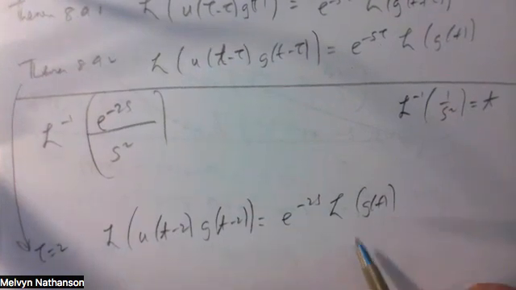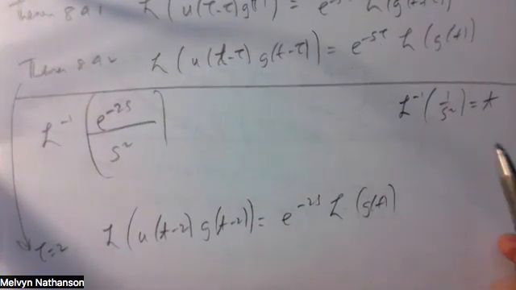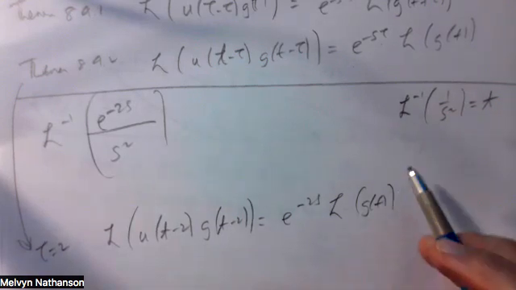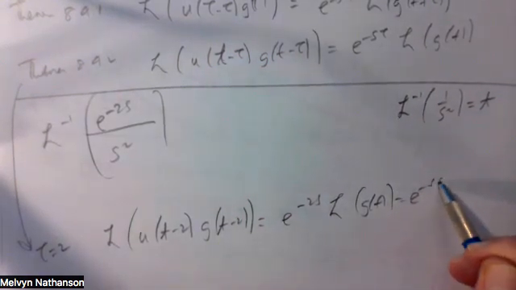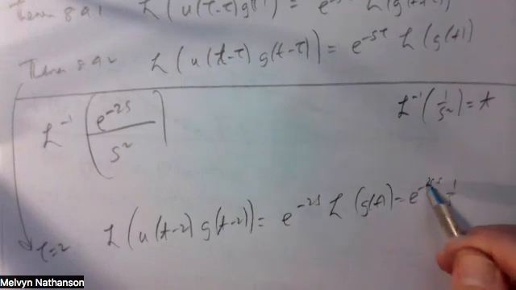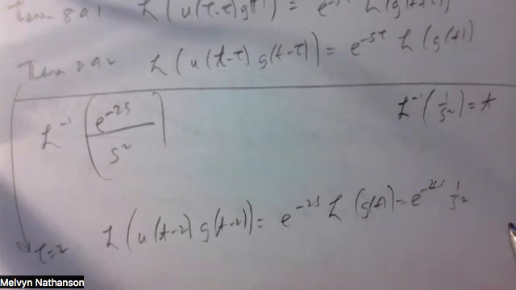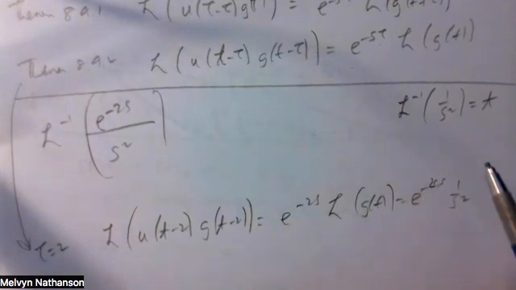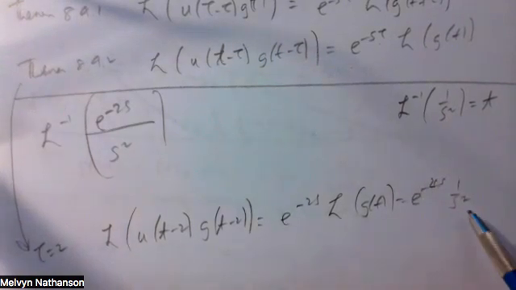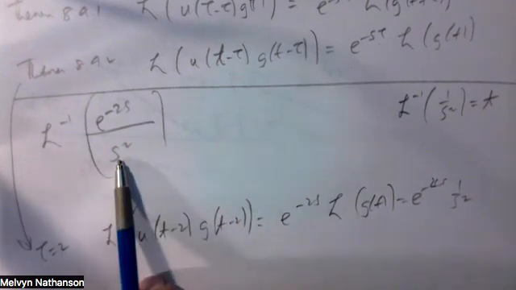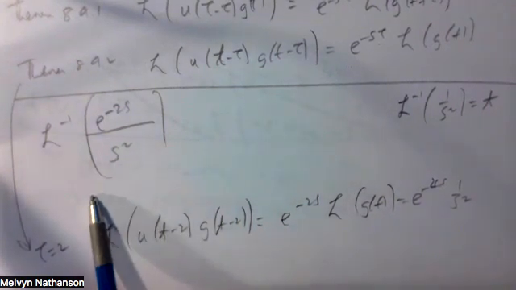And suppose the Laplace transform of G of t is 1 over s squared. That is, suppose G of t were equal to t. Well, that's exactly what I have here, right?